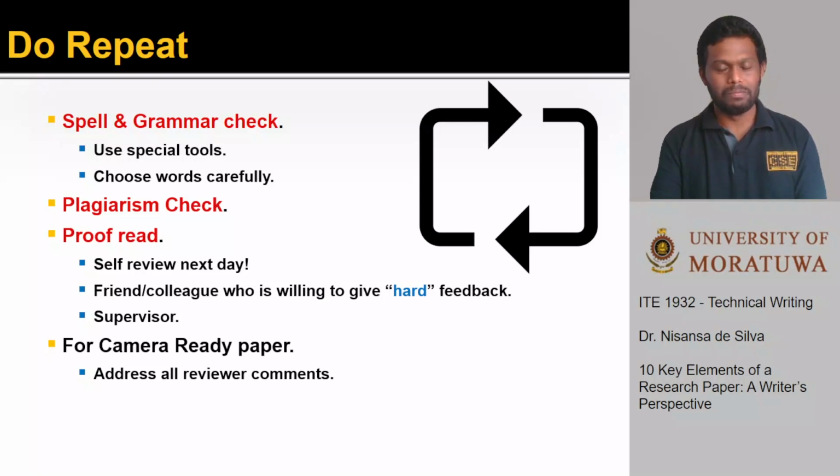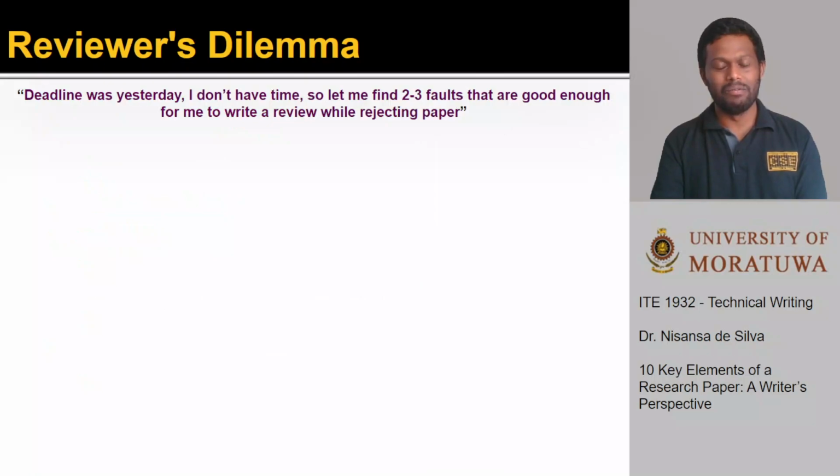Okay, now let's see why following these steps is very important, and what the reviewing process usually is. So usually reviewers are peers of yours. They are researchers just like you, or just like your supervisor.